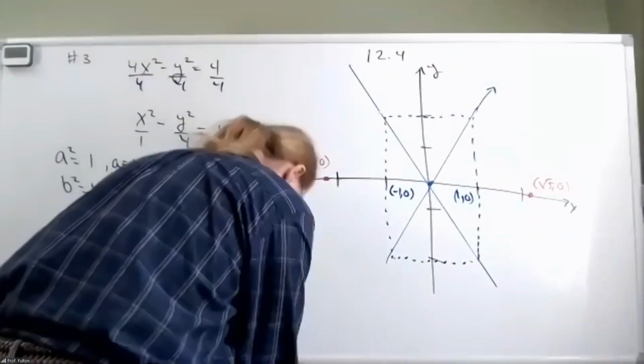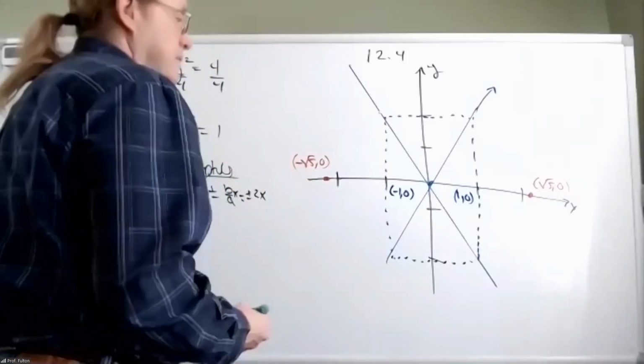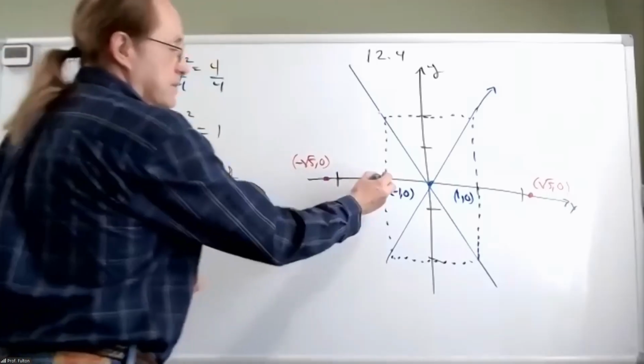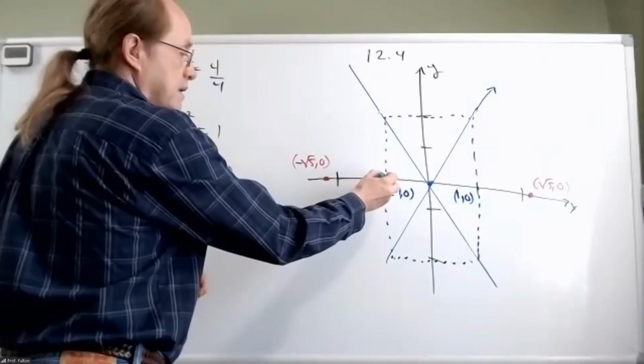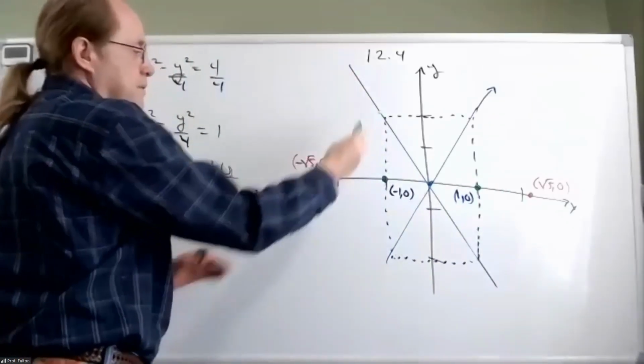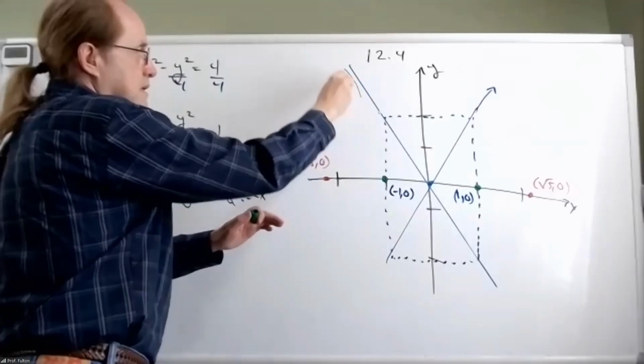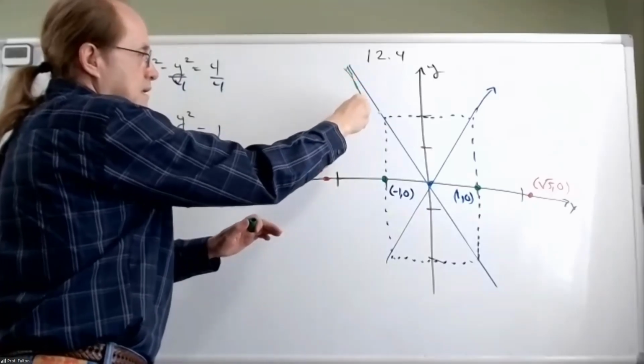So if I were to draw the graph of this curve, it has two different parts. Those are my two vertices. And what it's going to do is wrap around the foci. So it's going to look something like this.